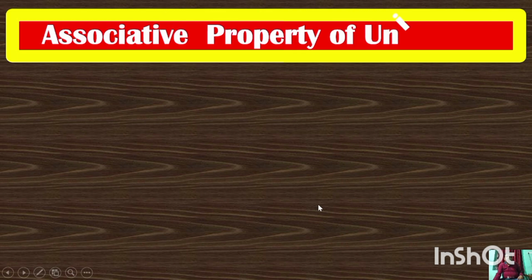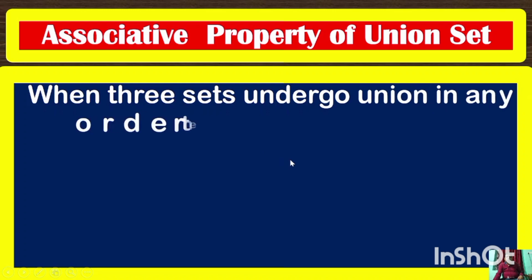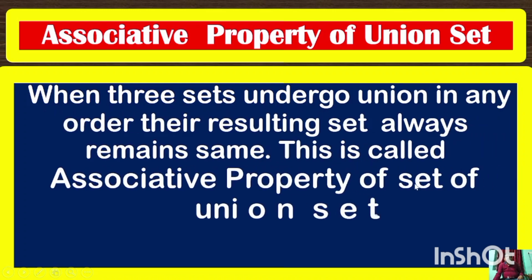Another important property is the associative property, as in the binary operations of addition, subtraction, multiplication, division. Similarly, in set union also, we can explain the associative property by using an example or a Venn diagram. When three sets undergo union in any order, the resultant set always remains the same.